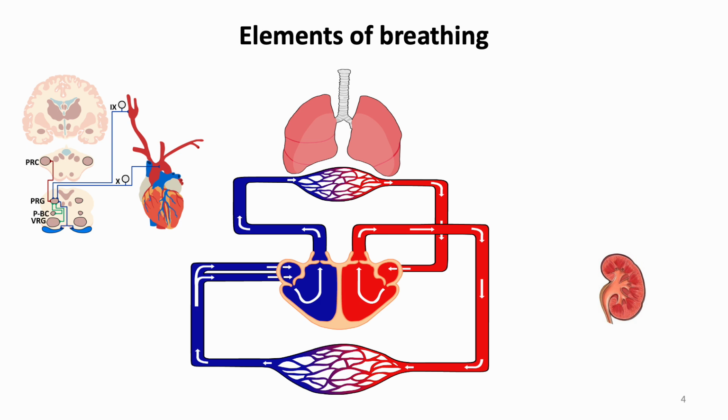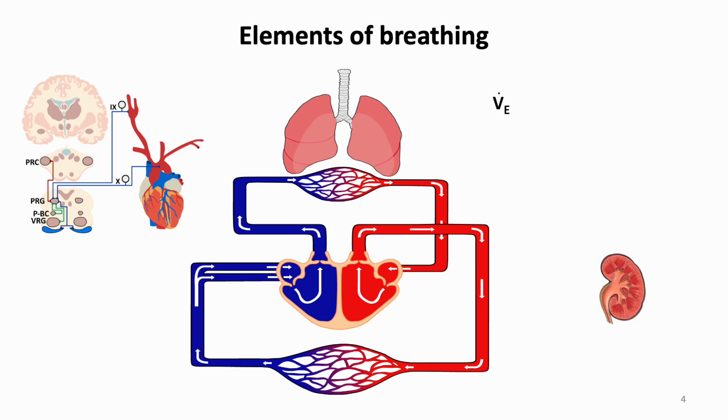So let's see what actually happens during normal breathing. Well, within the central nervous system, in the brainstem, a respiratory rhythm is generated. This provides output to the respiratory muscles and generates a basic spontaneous breathing rate and tidal volume.